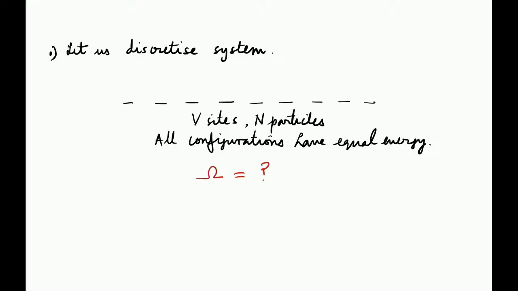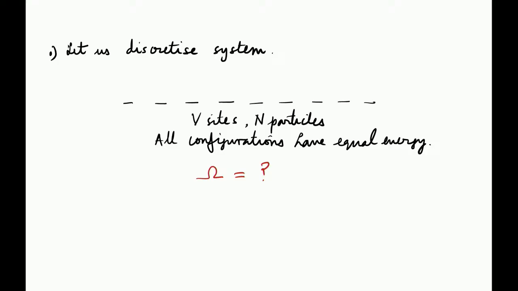Two particles can be on the same site also. The problem I have stated has no interaction. N power V or V power N? What is the answer? V power N.